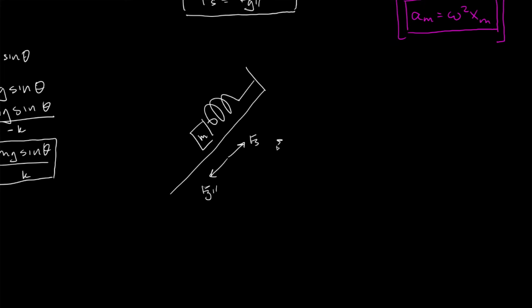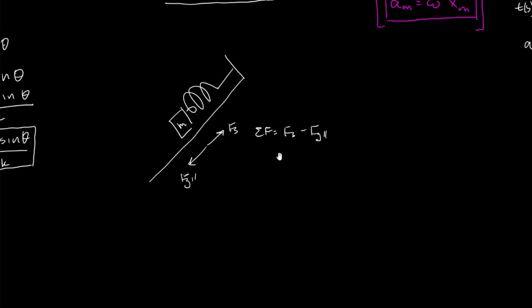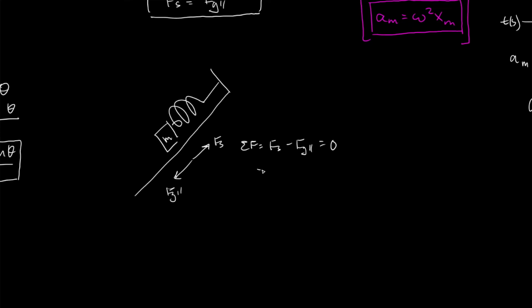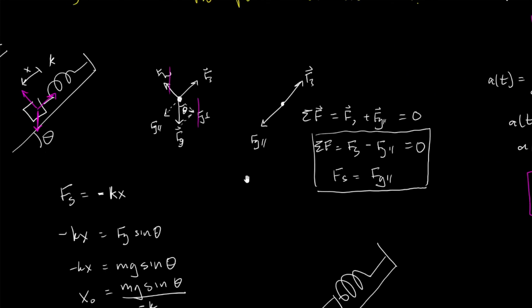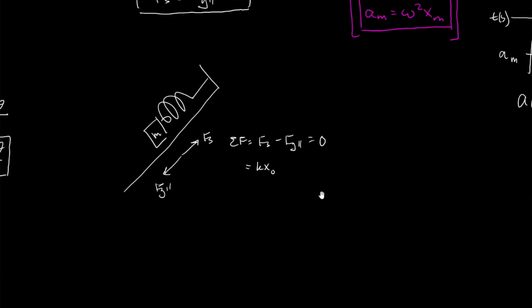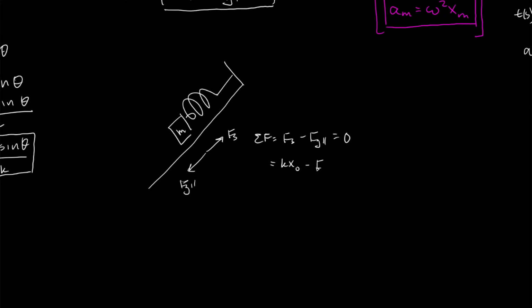So our net force equals Fs minus Fg parallel equals 0. Or k x naught, that's x naught right here, minus Fg parallel equals 0.